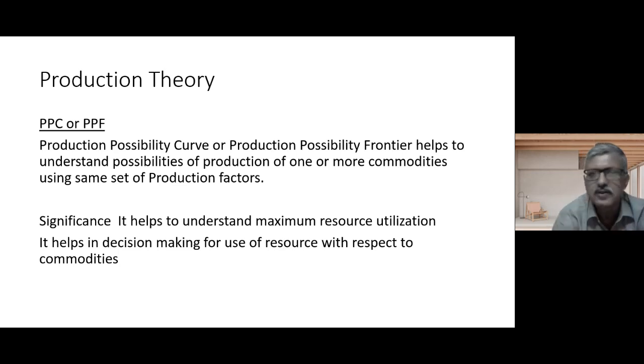So I will get X minus 1 wheat and Y minus 2, for example, sugarcane if I want to have both, but not X quantity, not Y quantity. So what are the different permutation combinations? What are the different possibilities that as a producer you can get by using the same set of factors of production is the study that we try to get to know by reading through PPC and PPF.